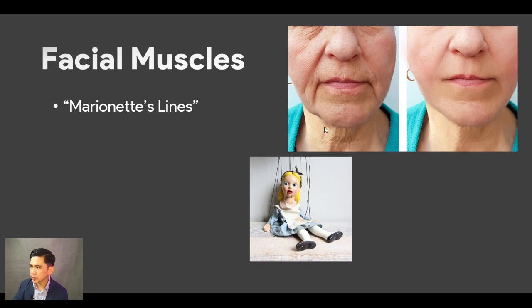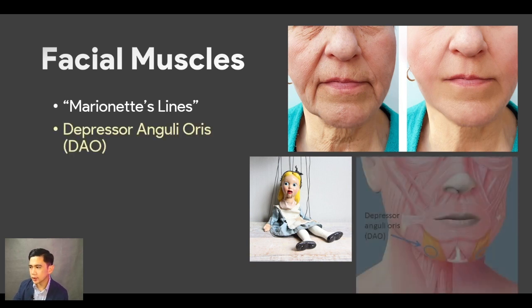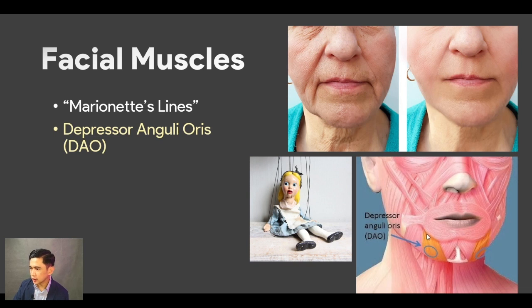In patients, this is the marionette line, and it is a wrinkle produced by the muscle depressor anguli oris. So this is the depressor anguli oris. All right, it pulls the skin here downward and forward.